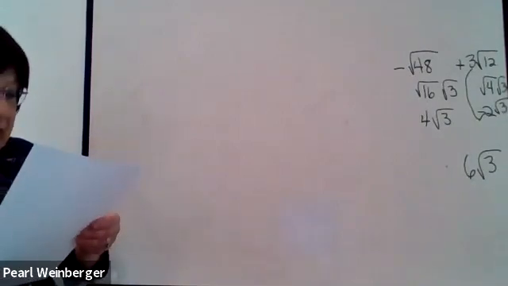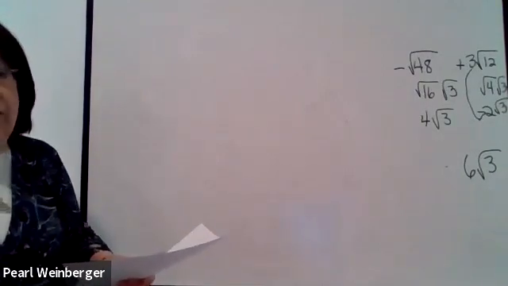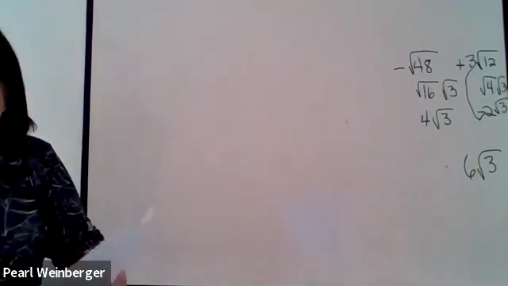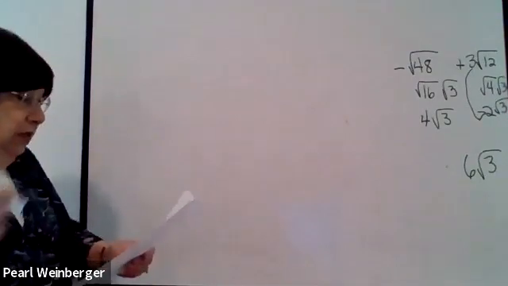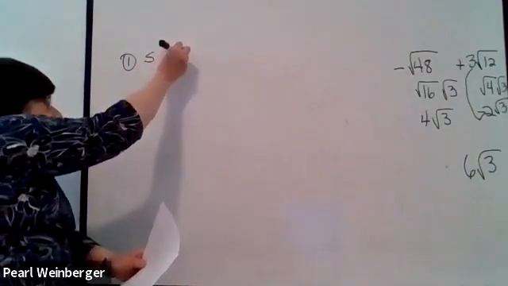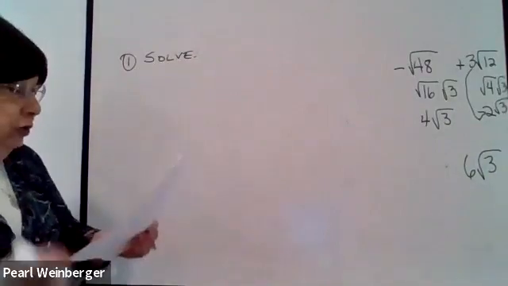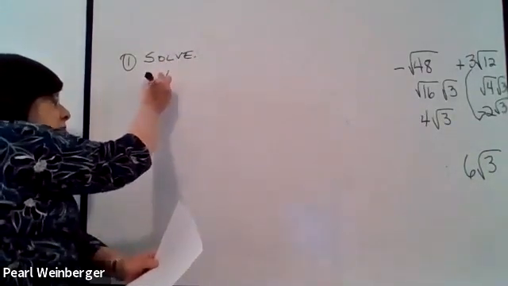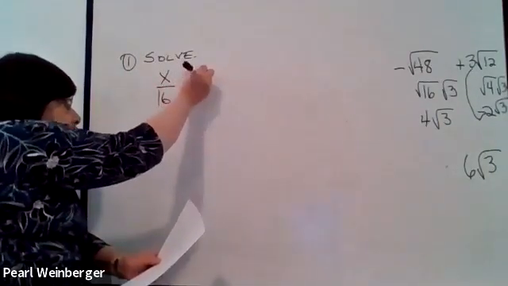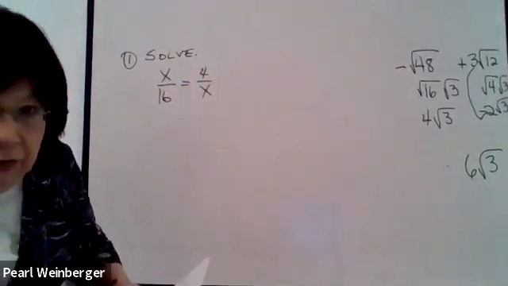I'm going to do a couple today and we'll do some more on Tuesday, so that if you want to wait until after Tuesday to work on that quiz, we'll have done a review of basically the type of problems you're going to see. One type of question is solving equations with fractions. First of all, let's say I ask you to solve this equation, x over 16 equals 4 over x. I'm going to give you a couple minutes to try it on your own, and then we'll do it together.